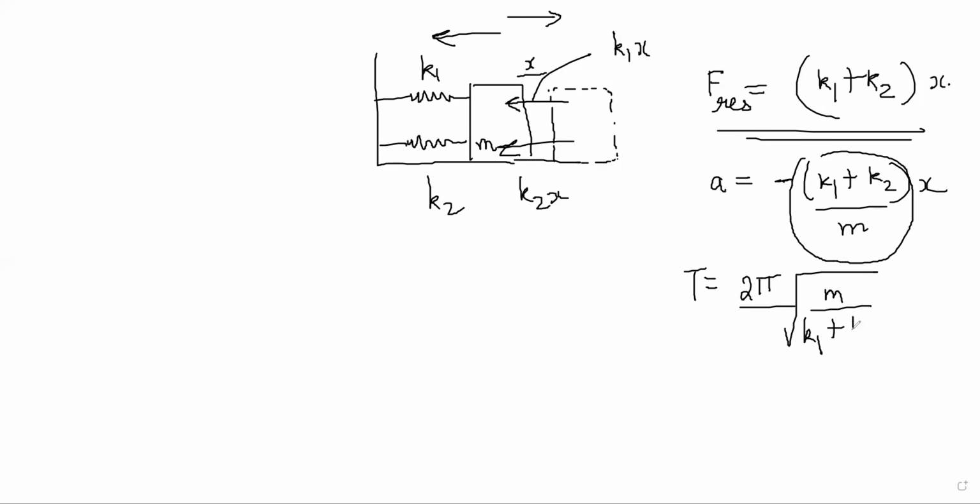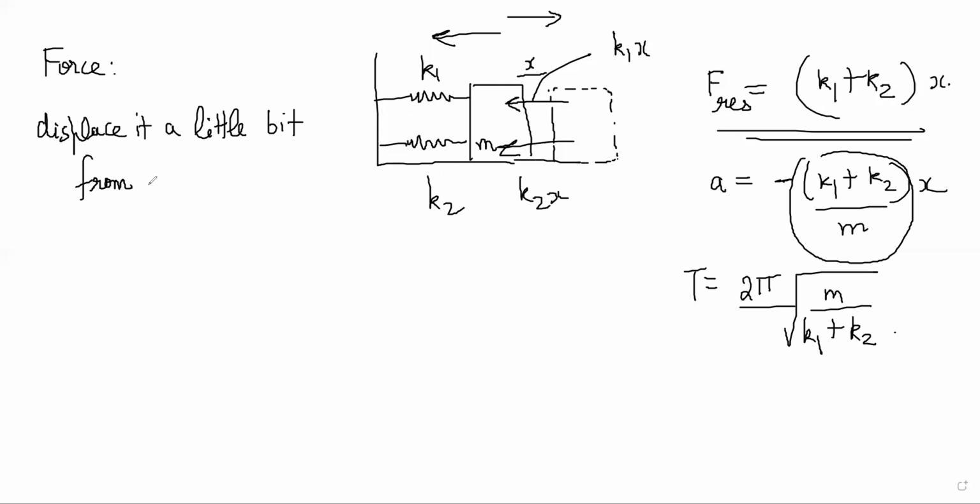Generally while solving questions of SHM, the force method says that you displace it a little bit from its equilibrium position, and then check all the forces or torques that are there at that moment.